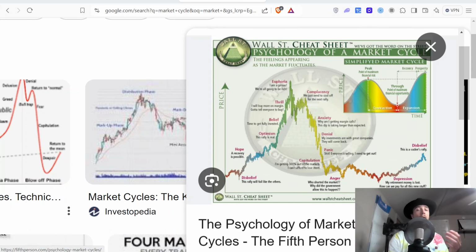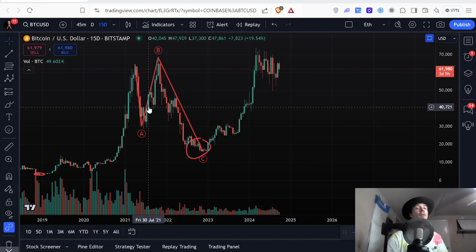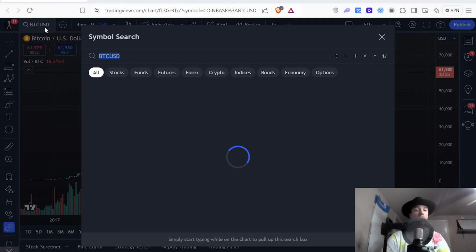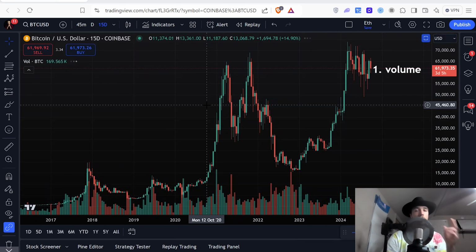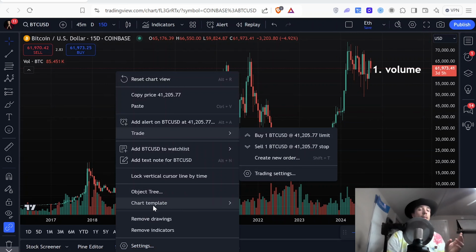They can help you buy the dip where other people are fearful and sell when other people are greedy. It really helps you understand the cycles and the market, and it helps you become a lot more profitable in crypto. So those are the top 3 things I use to trade crypto: volume, chart patterns, and market cycles.